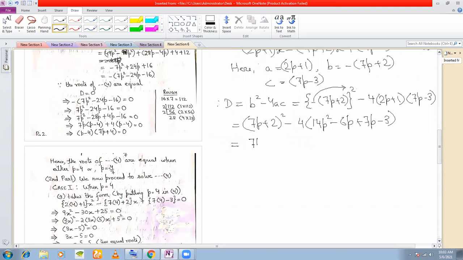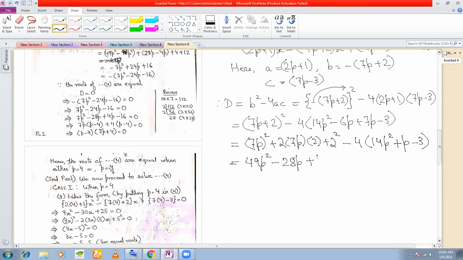Okay, now you can expand (7p plus 2) whole square by (a plus b) whole square. So you get 7p square plus twice ab term, 2 into 7p into 2, plus 2 square, minus 4 times. You simplify this, you get 14p square, minus 6 plus 7 will give you a plus 1. So this is 49p square minus 14 into 2 is 28p plus 4.